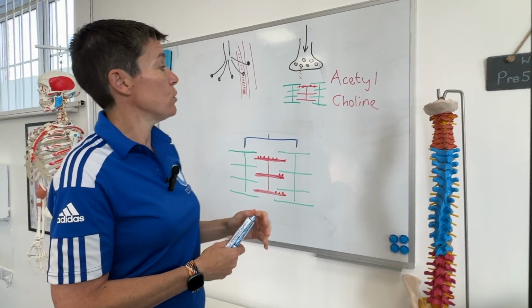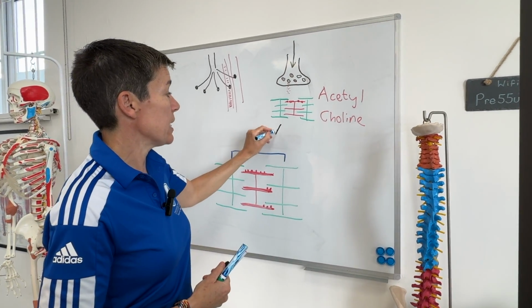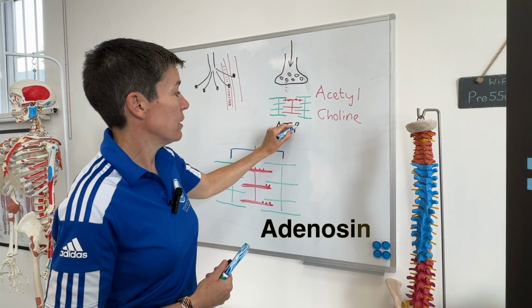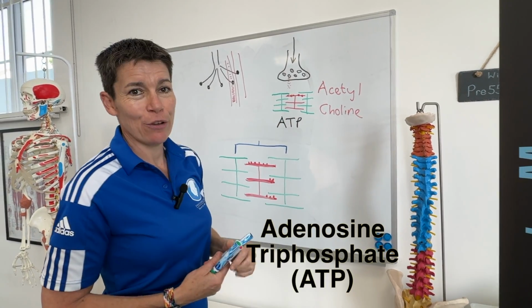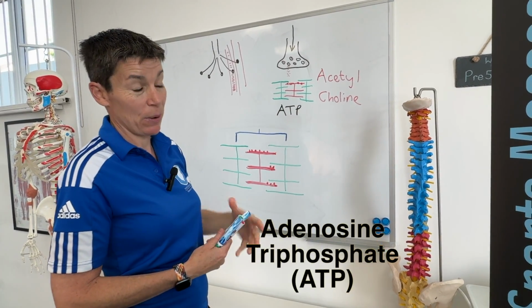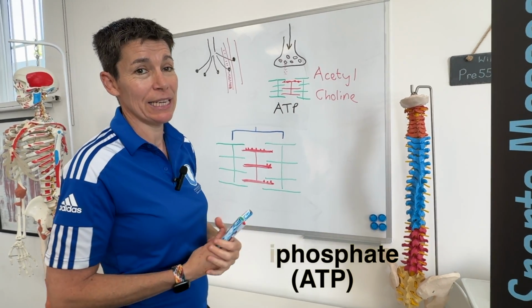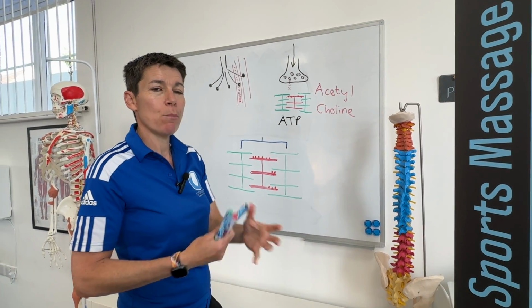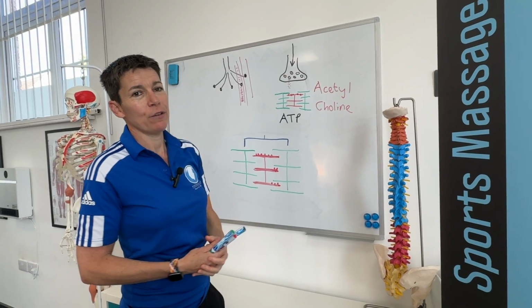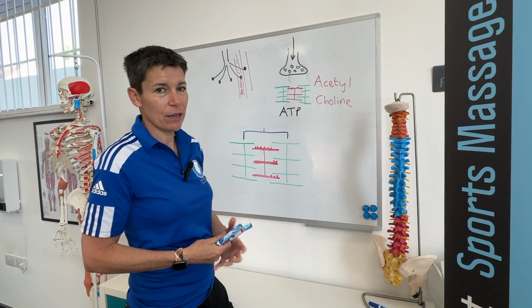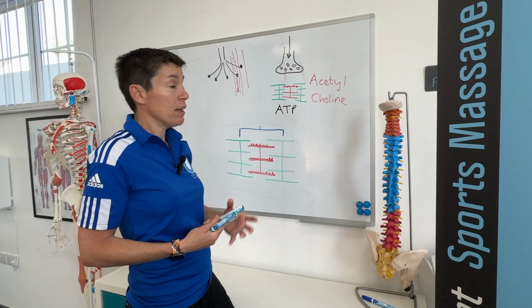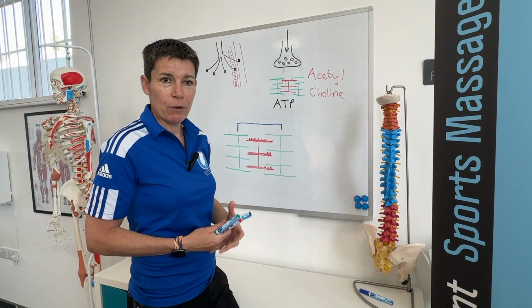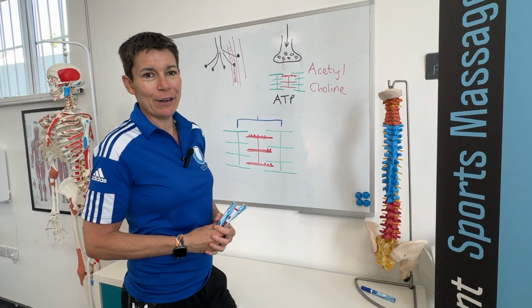So the energy used in this is called ATP, or adenosine triphosphate. Now again, it can get a lot more complicated, but for this video I want to give a more general overview. And if you're studying sports massage, body massage, or level 3 anatomy, that should be enough for you. If you go into degree level, you're going to learn it in a lot more detail.